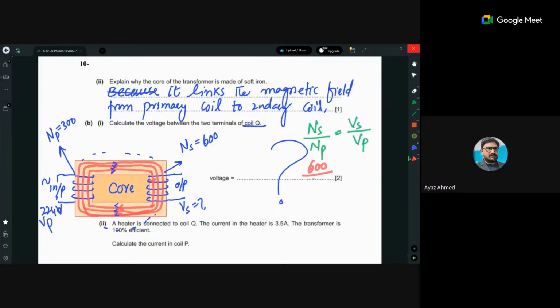Number of turns on the primary is 300. And voltage at the secondary is required. We do not know that. But voltage on the primary we take as 240. ठीक है? Just cross multiply करो जरा. कितना आंसर आ जाएगा?